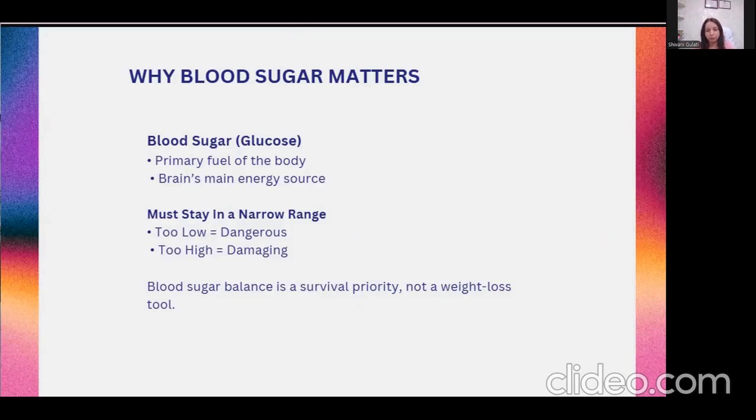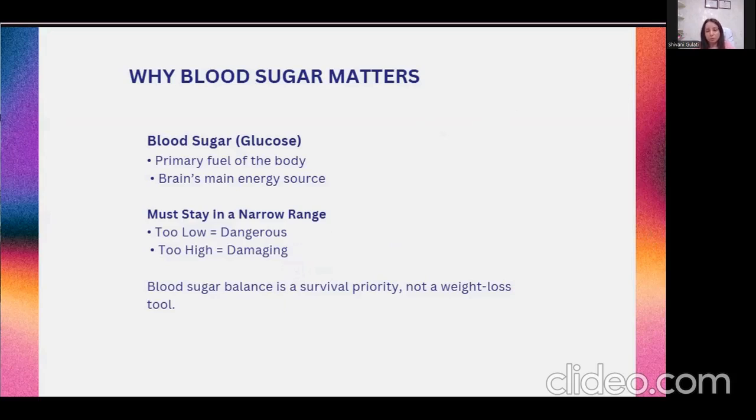In extreme cases it can become life threatening. But if the sugar is too high all the time, it becomes damaging for the organs. High glucose slowly injures the blood vessels, the nerves, the eyes, the kidney and the heart.